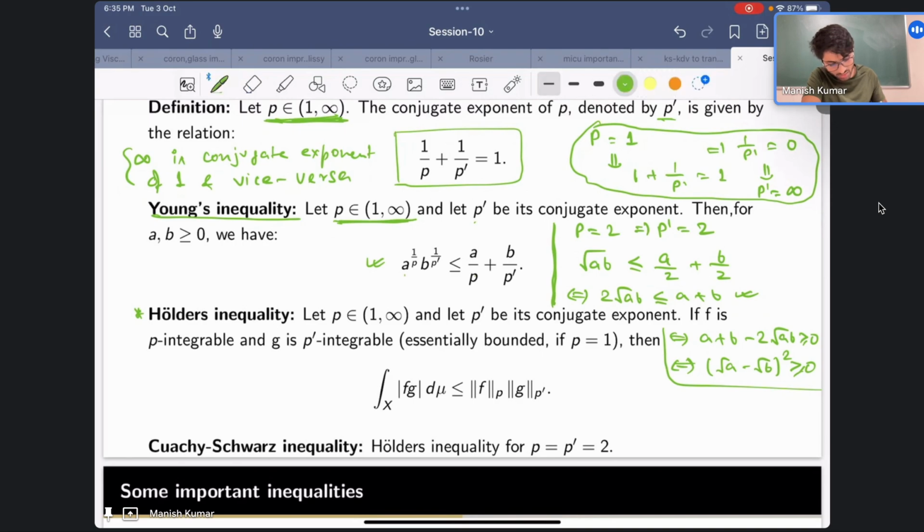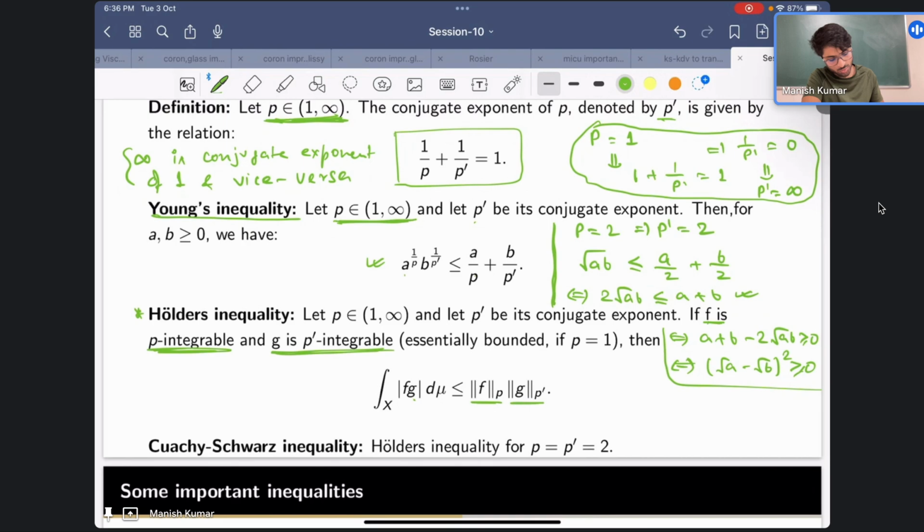It says that the integral of mod f times mod g is less than or equal to, so p is given to you, any p you choose between 1 and infinity, and p prime you choose as the conjugate exponent. Then if f is p integrable and g is p prime integrable, then the norm of fg is less than or equal to the norm of f in p times the norm of g in p prime.